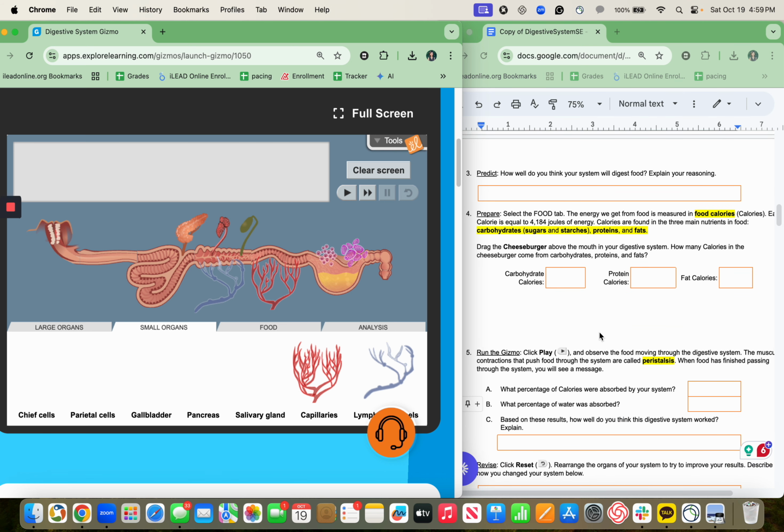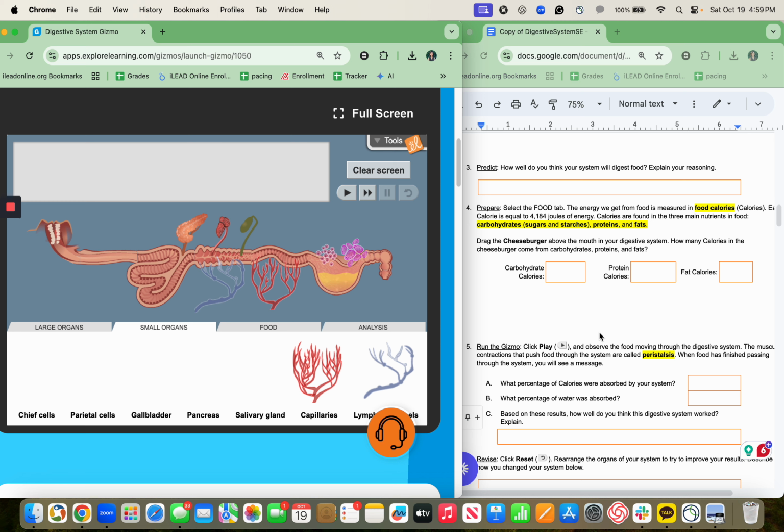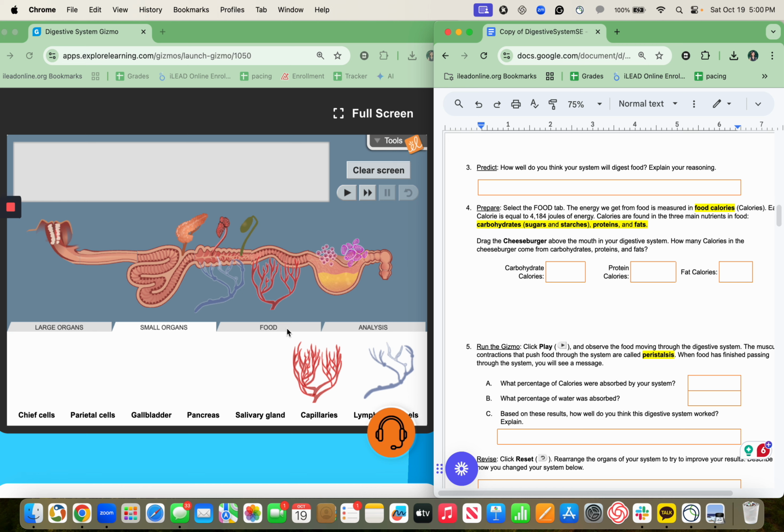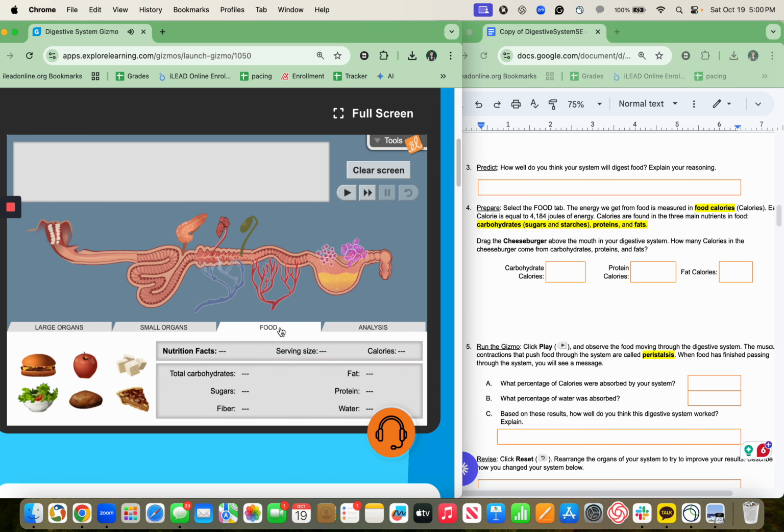Okay, now we're going to have some food go through here. Let's see how well our digestive system does. We need to find some food and drag it through. So here we have the cheeseburger, and it says drag it above the mouth.